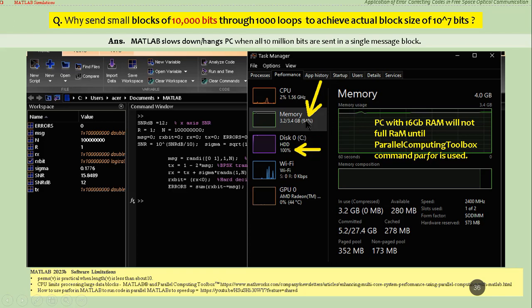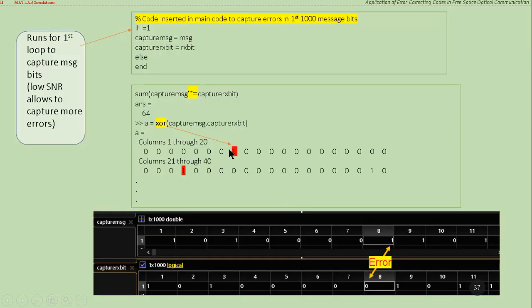So for fast simulations, what you can do is send them in blocks. Then you can also use the parallel computing toolbox, but we'll use it when we need it.